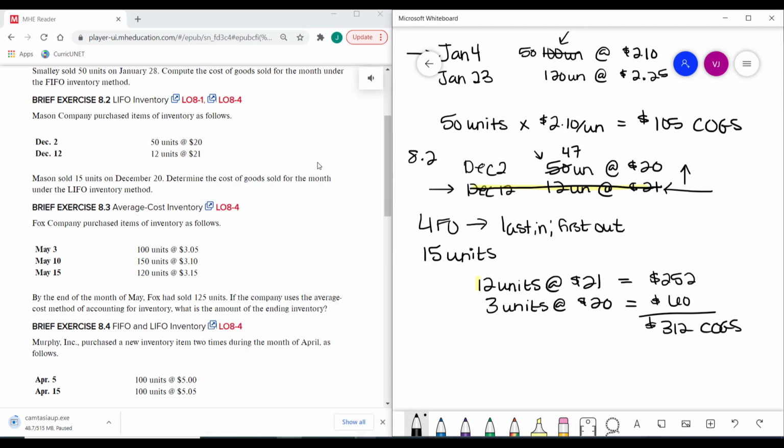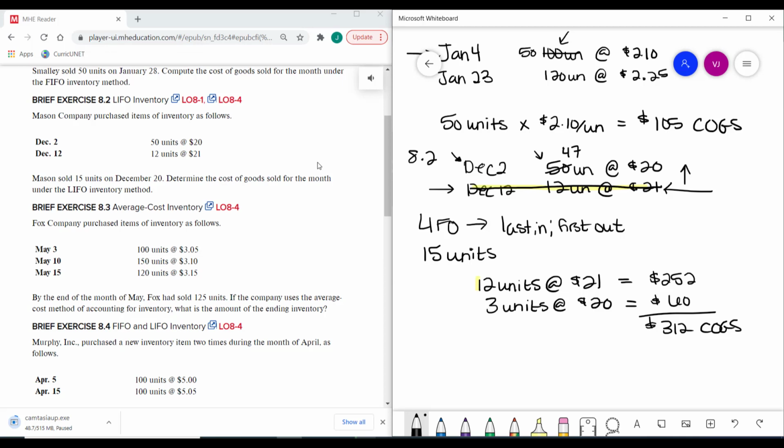Now, does this mean that if I go into the physical storeroom that there is 47 units left of the December 2nd batch and nothing of the December 12th? Not necessarily, not at all, right? Because when we're talking about one of these methods at a time, we're talking about one kind of inventory. All these units that we're buying and selling are homogeneous. They're all identical to one another. So what actually gets pulled off of the shelf when it's sold doesn't matter.